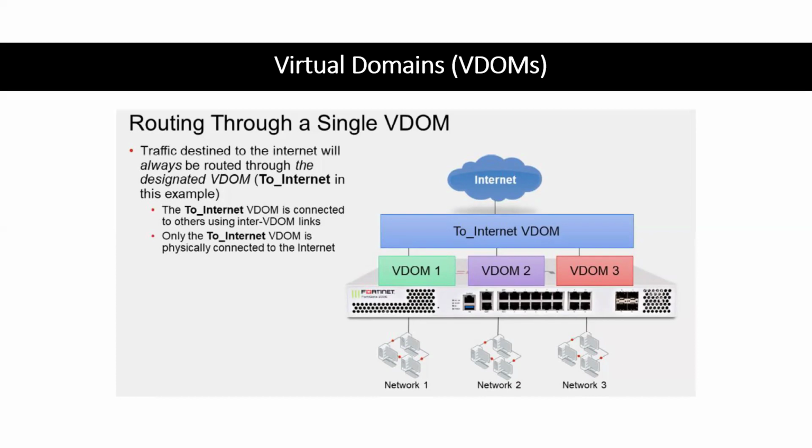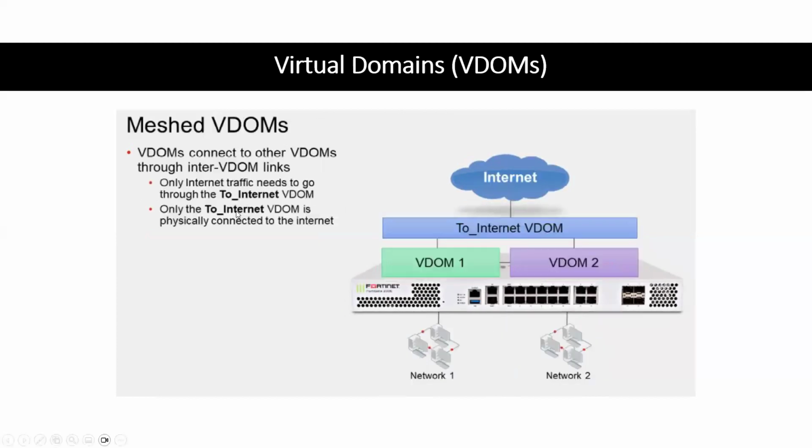Those links will go to a different VDOM. In this scenario you wouldn't interconnect VDOMs, but yes, you can do routing through a single VDOM. It's kind of complex. I'm going to show you guys during lab day tomorrow, because we're going to be going over how to configure VDOMs.